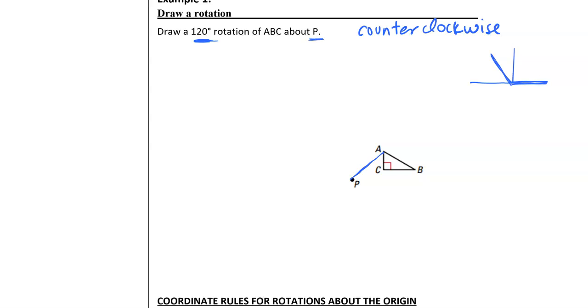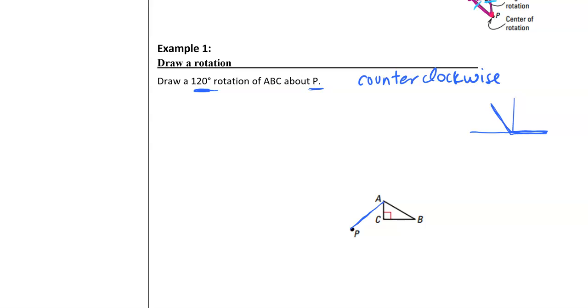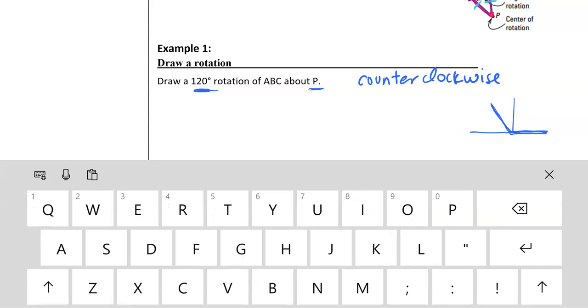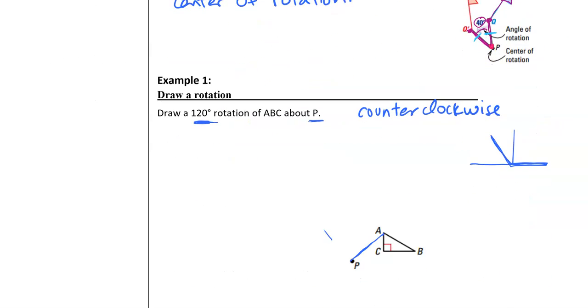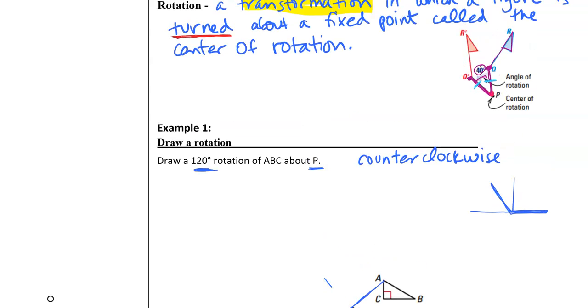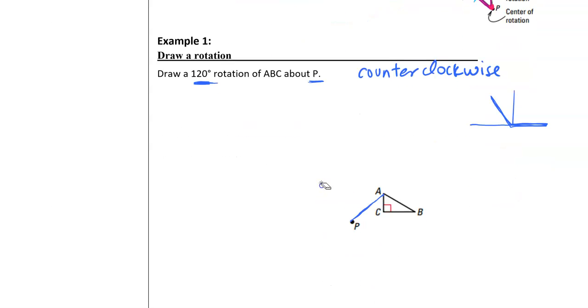If I look at P over to A as one side of my angle, and I'm trying to draw a 120-degree angle, that segment is a 90-degree angle. So I want to draw something a little bit wider than that.